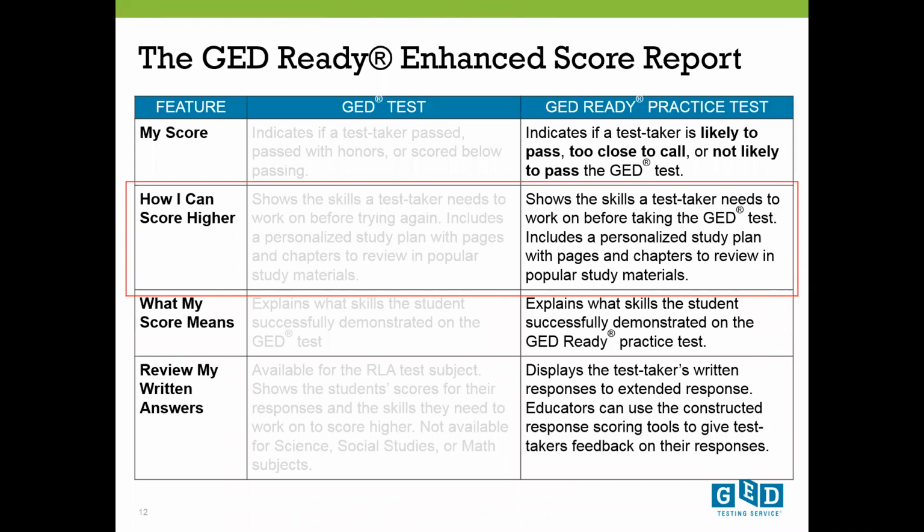What my score means is really a reassurance piece for the students. It explains what skills the student has successfully demonstrated on the practice test. And for RLA, I know that many students don't actually print out this part, but you want to encourage them. For the RLA, there are the written responses to the extended response.